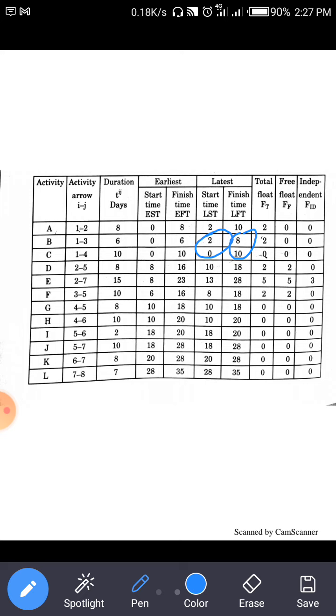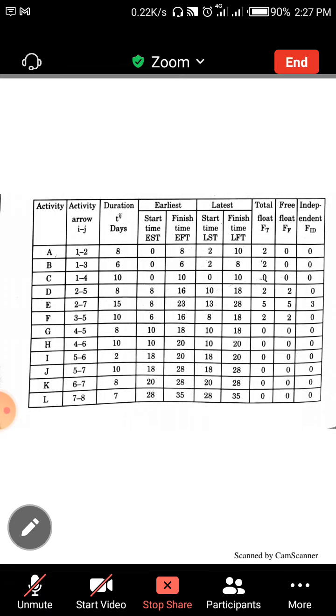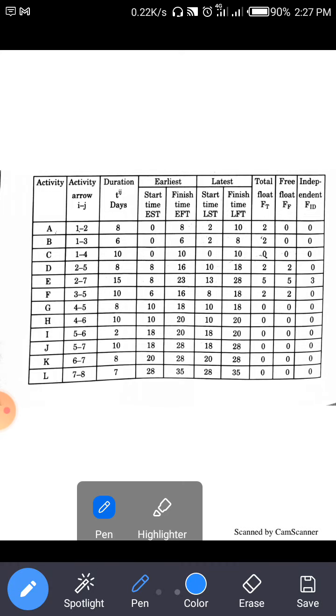So the equation for total float is latest starting time minus earliest starting time. For activity 1 to 2, latest starting time is 2, and earliest starting time is 0.